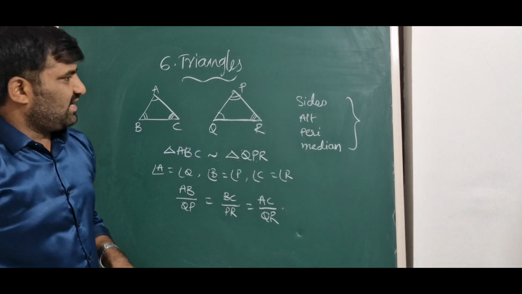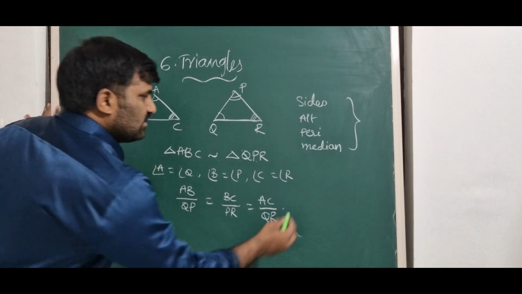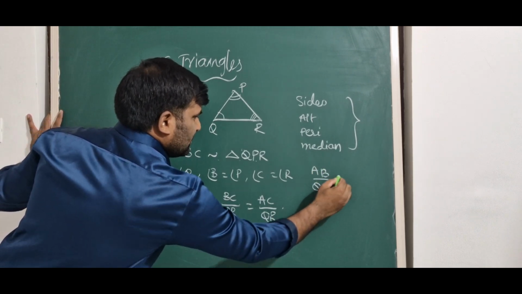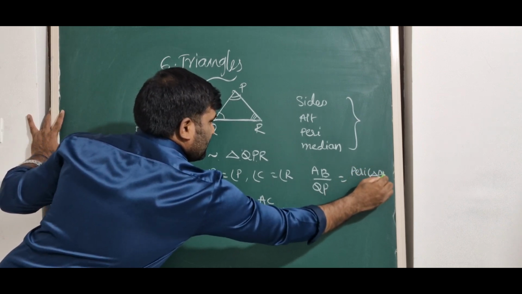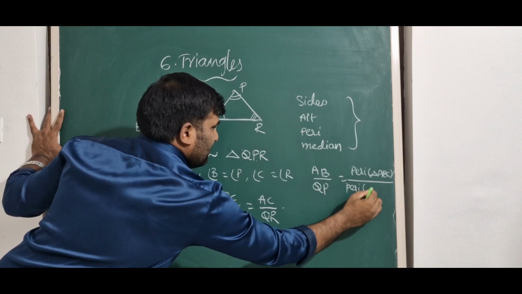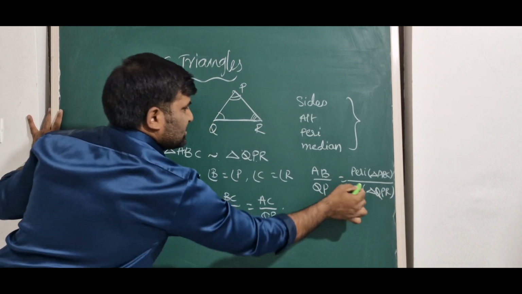See, for example, if ABC is similar to QPR, side AB by QP is equal to the perimeter of triangle ABC by the perimeter of triangle QPR. This is the relationship between the sides and perimeter.